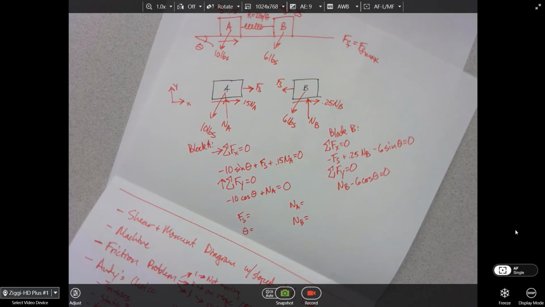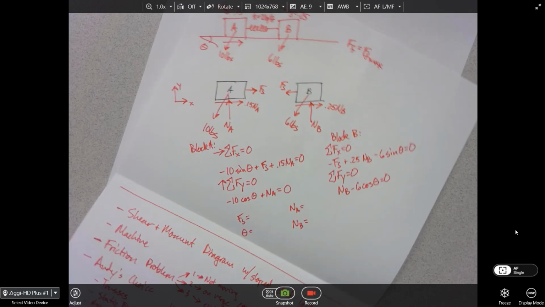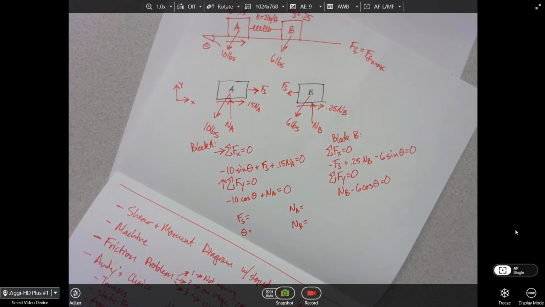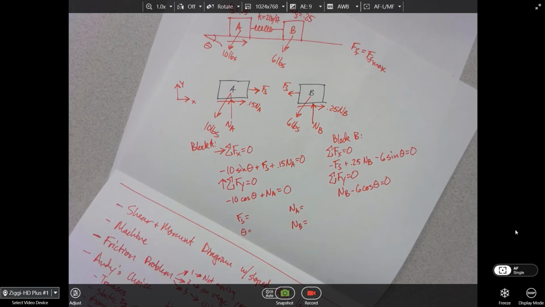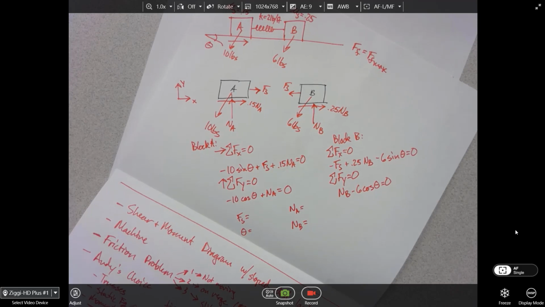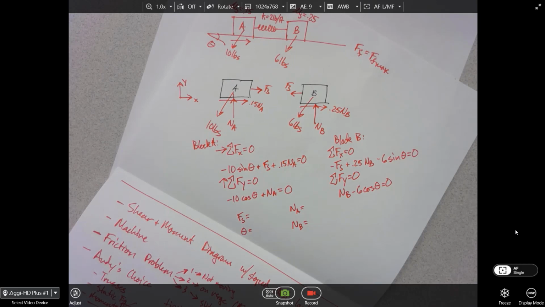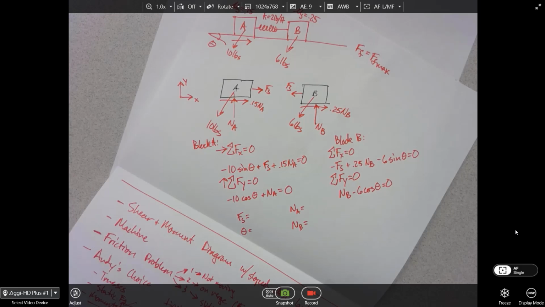So I have to do one more. Sum of the forces in the y equals 0. So I'll have N_B minus 6 cosine theta equals 0. And now I have 4 unknowns, but I have 4 equations, and I can solve this set of 4 equations simultaneously.